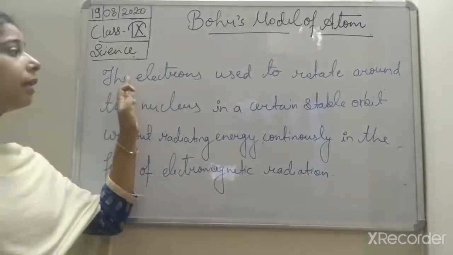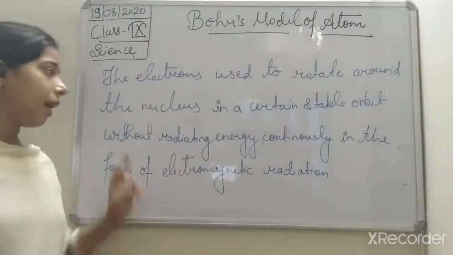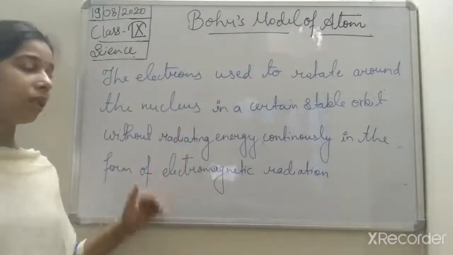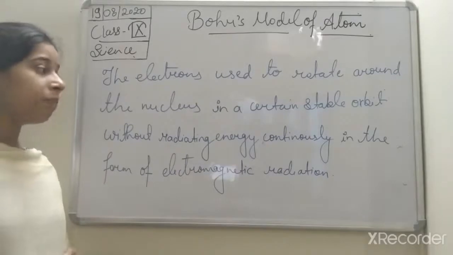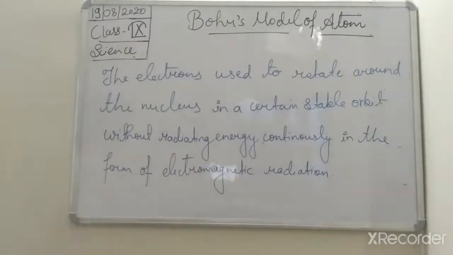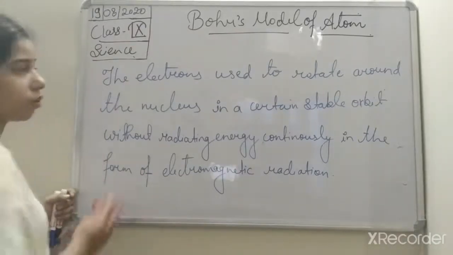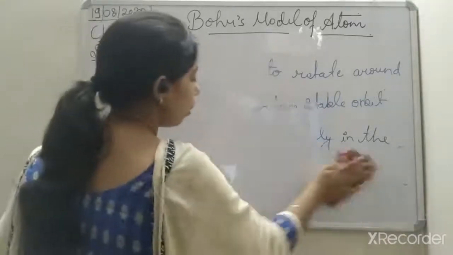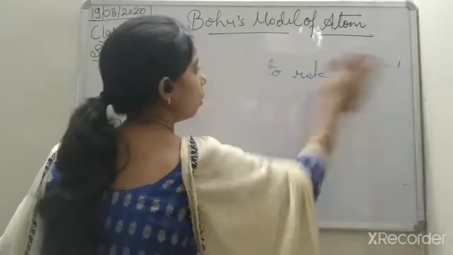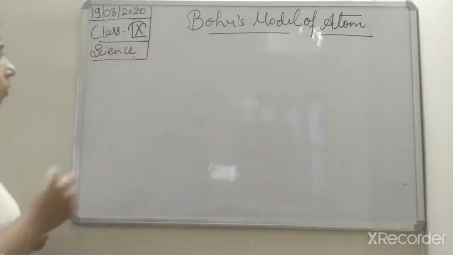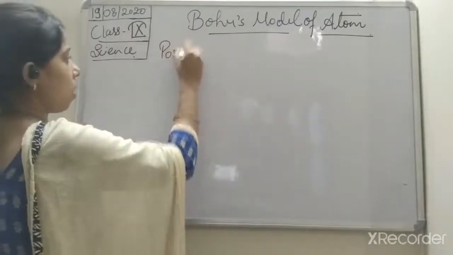He explained that the electron rotates around the nucleus in a certain stable orbit without radiating energy continuously in the form of electromagnetic radiation. Now we will discuss the postulates of Bohr's atomic model.